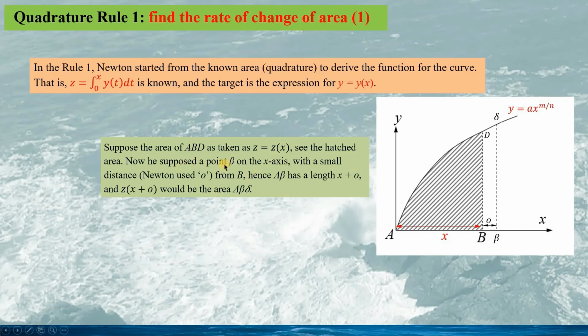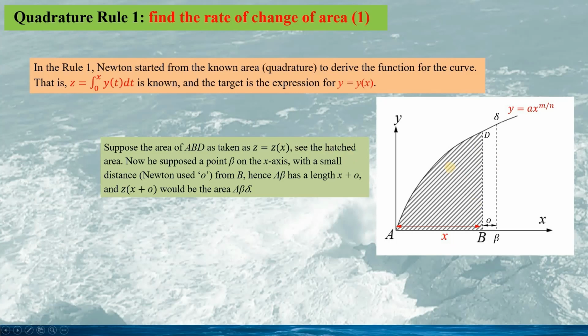He actually started from the known area of a curve, or the quadrature z given by this, and then he derived the function for the curve. Here, suppose the area ABD is taken as z equaling zx.